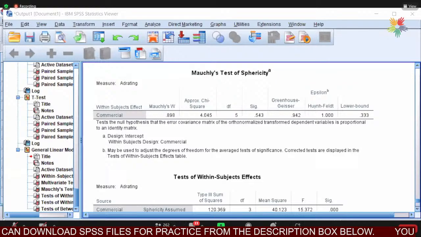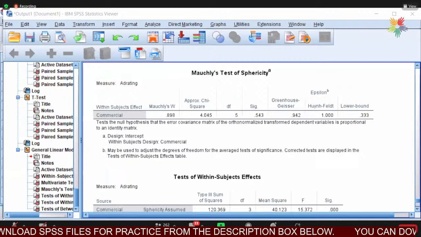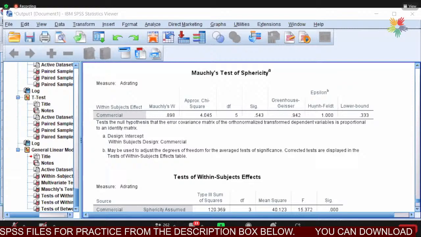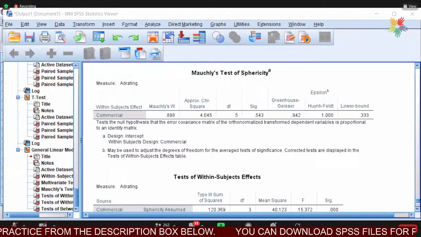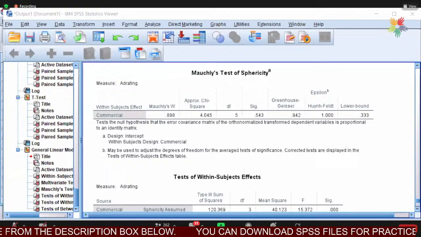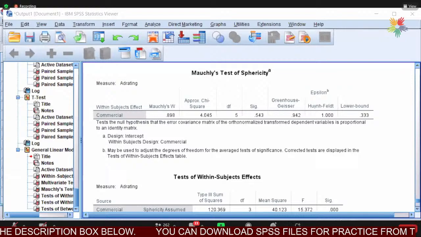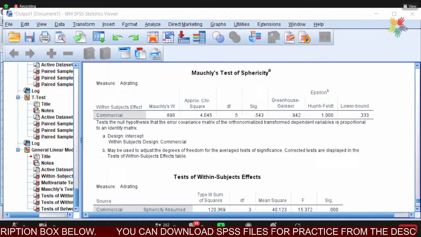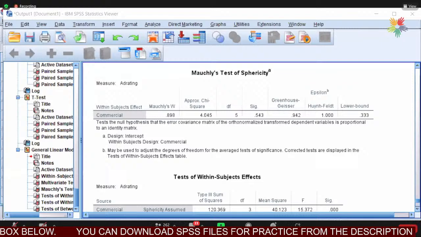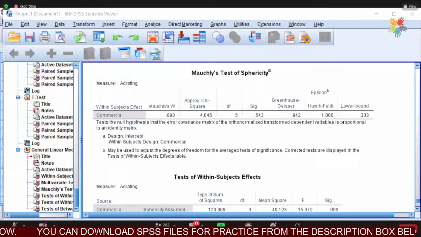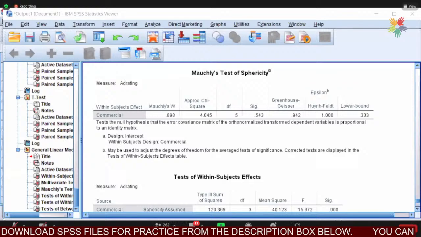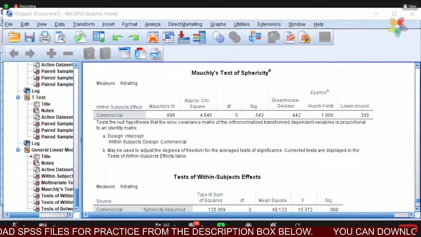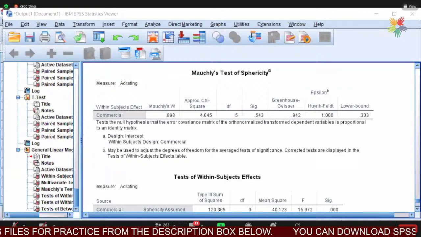It is like the homogeneity test we performed in ANOVA; here it is called sphericity, for which we use the Mauchly test. Sphericity can be likened to the homogeneity of variances in between-subjects ANOVA.